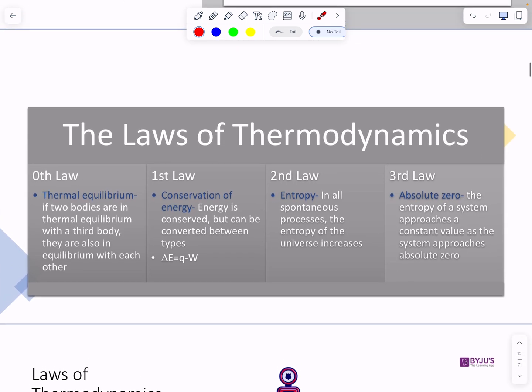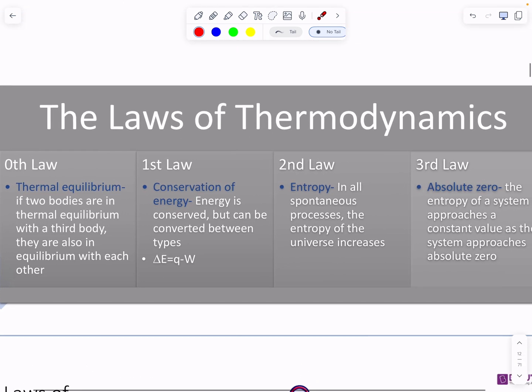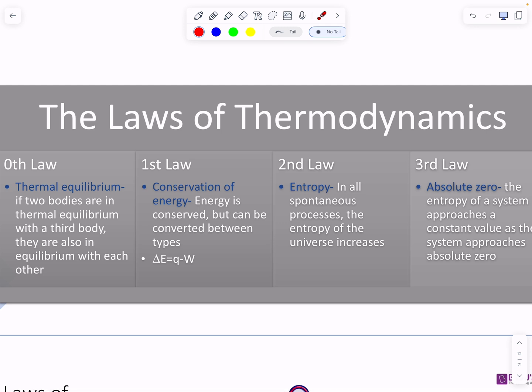All right. So our laws of thermodynamics. What's called the zeroth law is the one that has to do with thermal equilibrium and the way that heat is going to travel. The ones that are most important to us in biochemistry are the first and second laws.